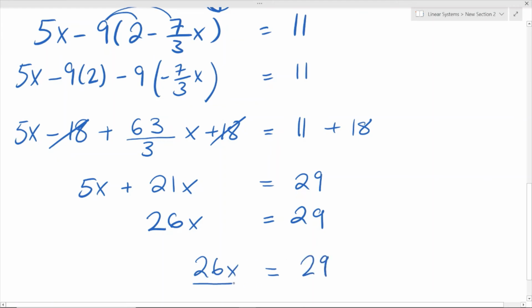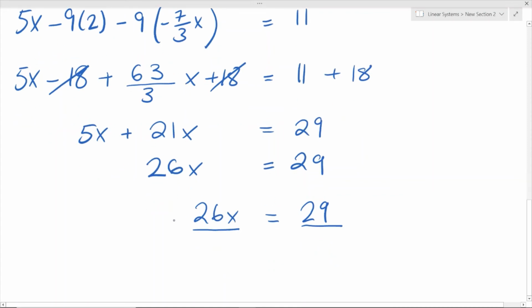So the opposite of that is going to be divide, right? Because we're multiplying here 26 times x, but the opposite of multiplication is going to be division. So divide both sides by 26, cancel this out, and we can isolate for x. X is 29 over 26.